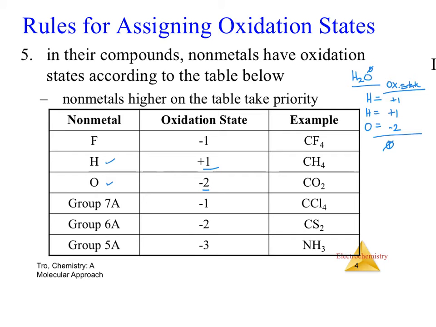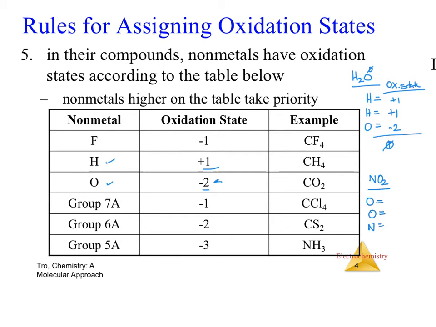Let's look at another example, nitrogen dioxide, NO2. I can see on the chart that oxygen is higher than nitrogen, group 5a. That means we assign the oxidation state of oxygen first. I've got 2 oxygens and a nitrogen.